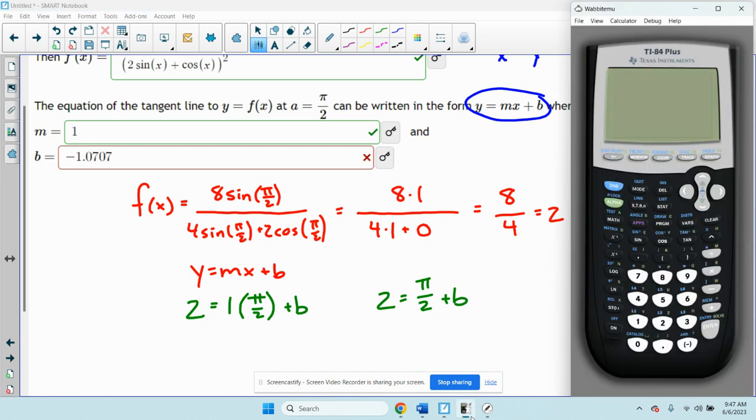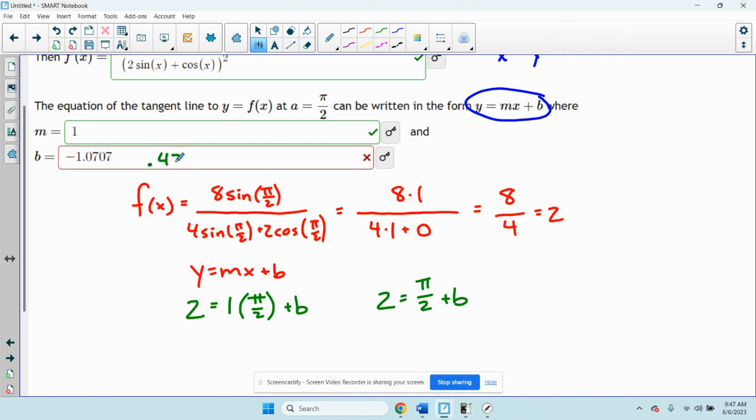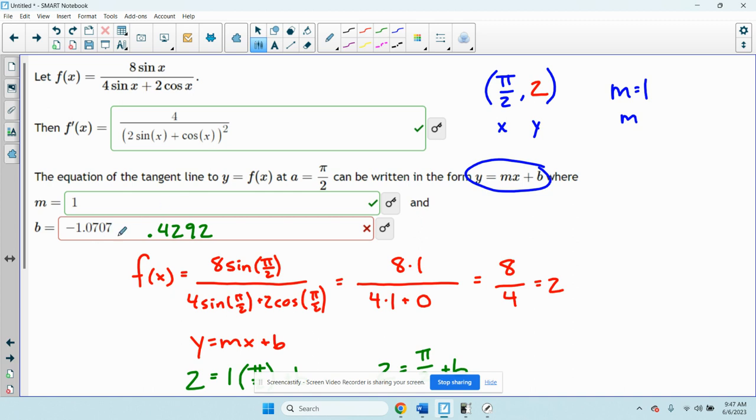So I'm just going to do pi over 2, figure out what that is first. Pi divided by 2. Then do 2 minus that. And I get b, 0.4292. Okay, that's it. Not pretty, but that's the answer.